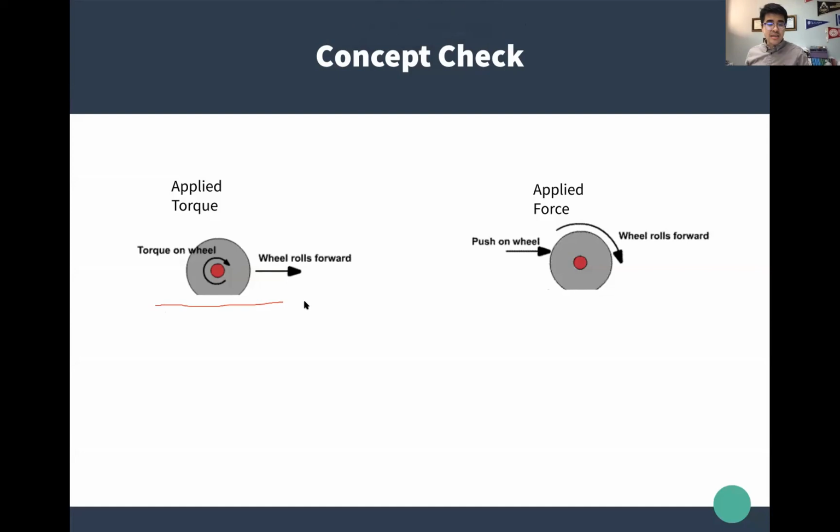So this one's not going to slide and it's just going to roll, and this one's going to slip. So my question to you is, can you tell me where the friction is going to point on the first one and the second one?